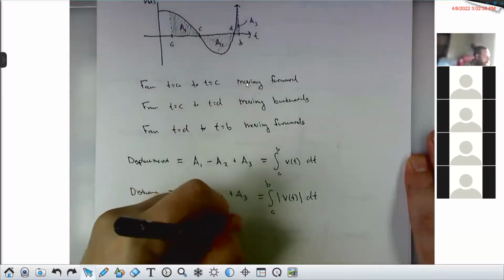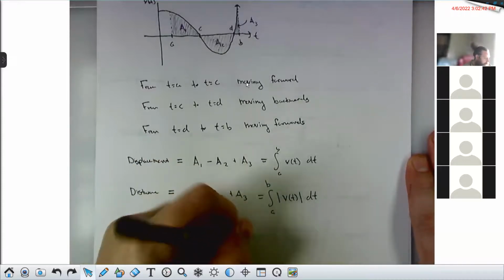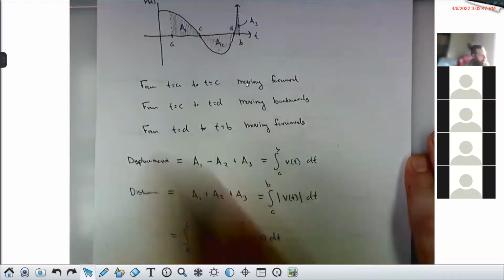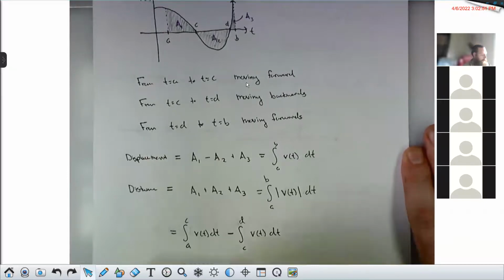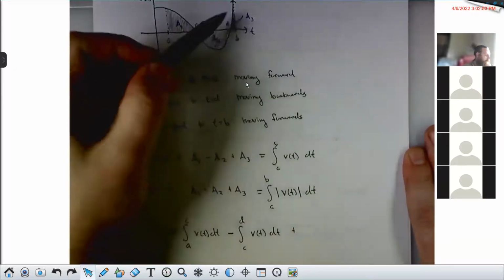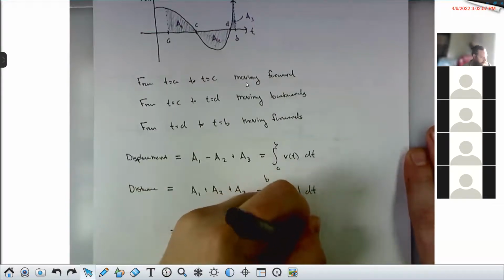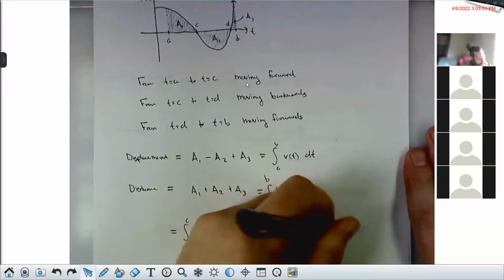I want to make that positive, so I have to subtract the integral from C to D of v of t dt. And then finally, I would add to that the integral that gives me this area, which is the integral from D to B of v of t dt.